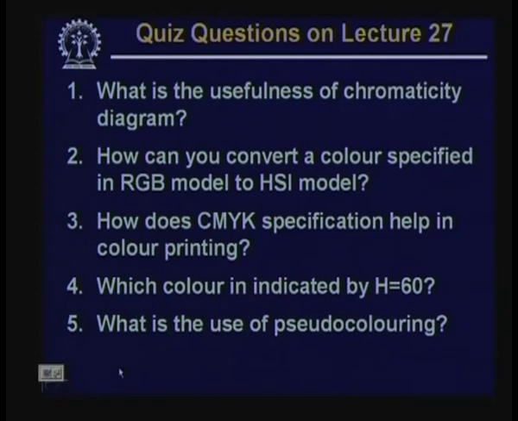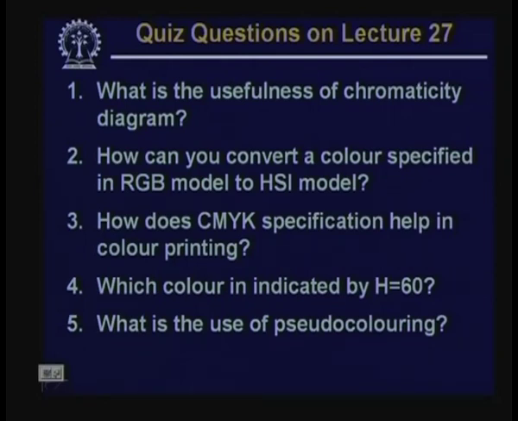Now, let us come to some questions on today's lecture. The first question is, what is the usefulness of the chromaticity diagram? Second, how can you convert a color specified in the RGB model to the HSI model?